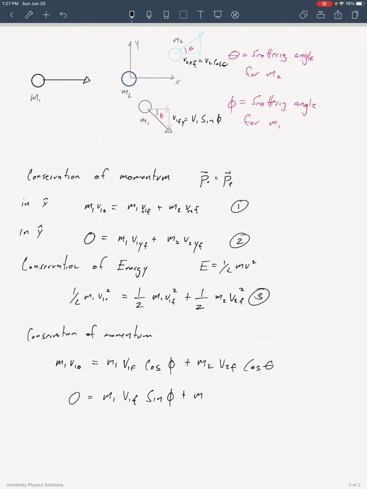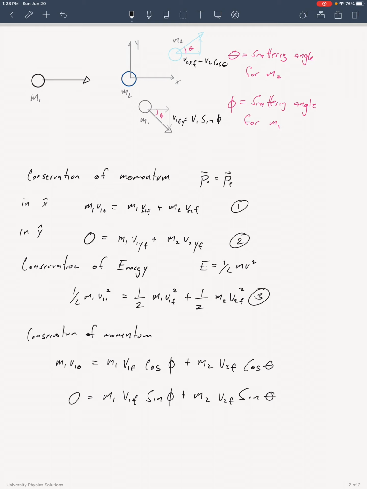And for mass 2, m2 v2y final is going to be v2 final times sine of theta.